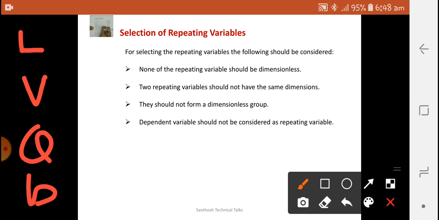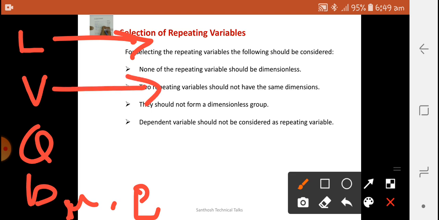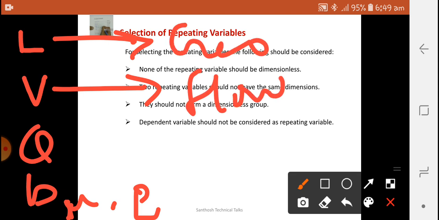We can say for the geometric property, we select the length, and for the flow property we can select the velocity. So this is geometry, this is flow, and this one is a fluid property.